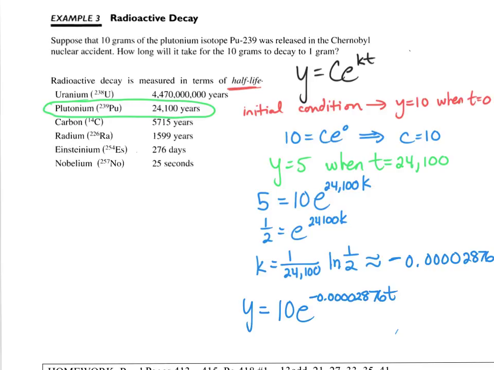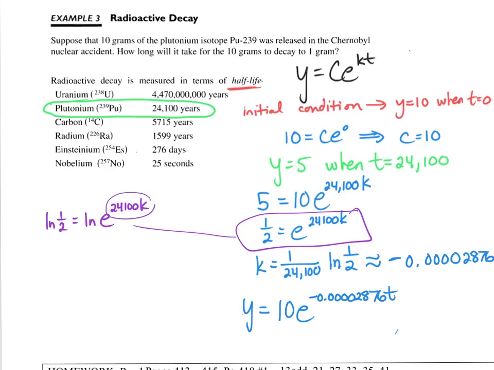So that's right here. If we ln each side, I have ln of 1/2 is equal to ln of e to the 24,100k. This comes down. So ln of 1/2 is equal to 24,100k times the ln of e, which we said is 1.